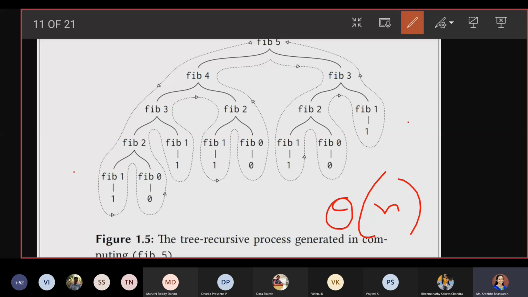right? If it is almost n, I can say theta of n. But in this case, the number of steps is not equal to n. I can't say n plus 1 or n plus 5 and something like that.